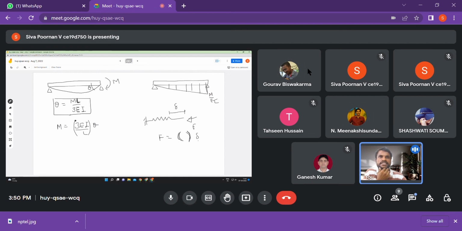Similarly here, for a given moment, theta at some point are related by some constant, and this constant depends upon the geometric and material properties of the system. L and I are geometric properties, depending on how I design the system, and E depends on the material, whether steel, concrete or wood. So M is a function of theta, and I call this the stiffness of the system.